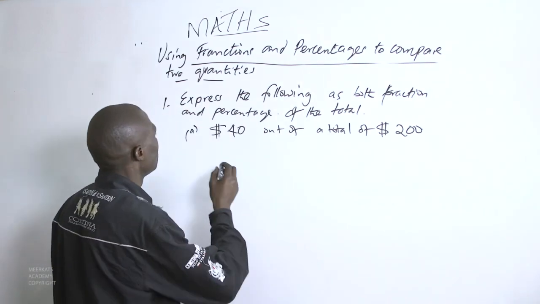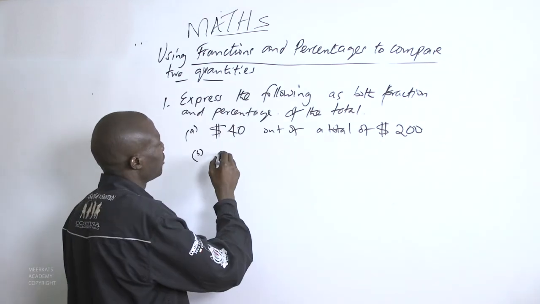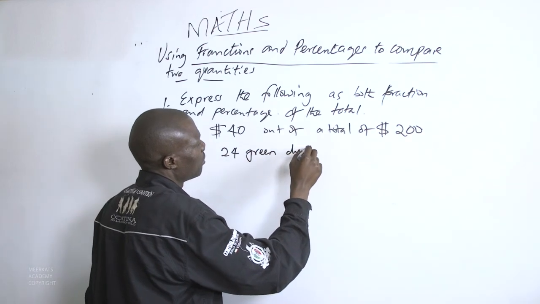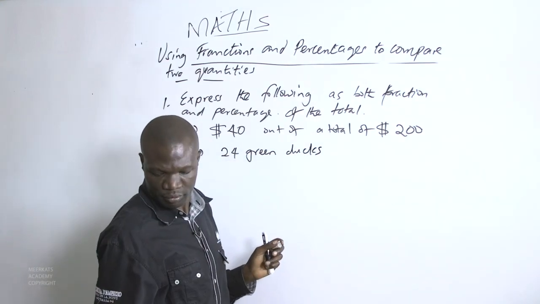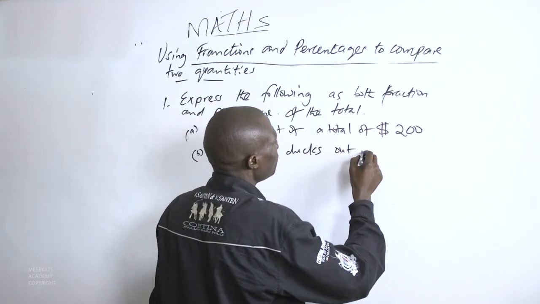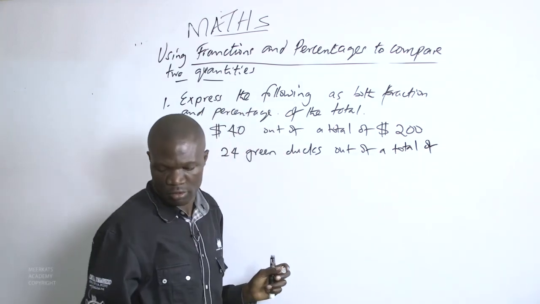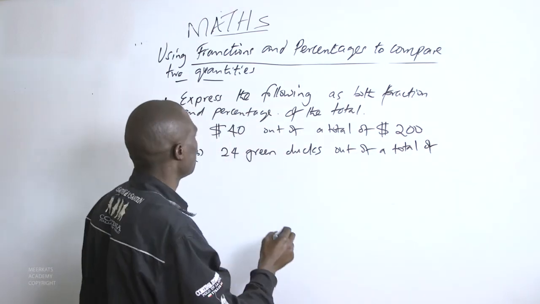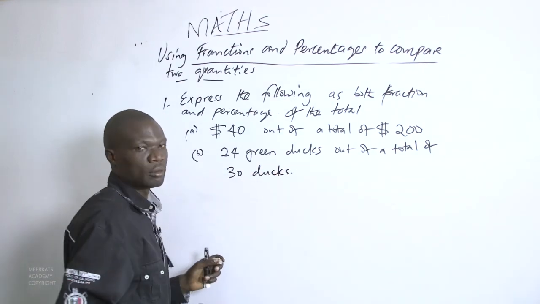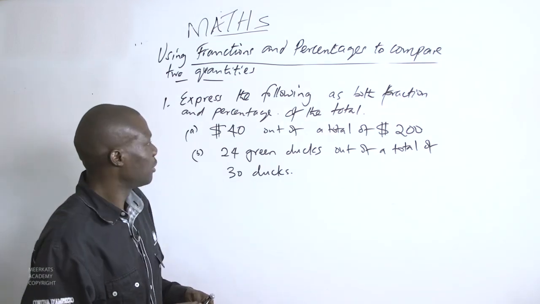And B, we have 24 green ducks out of a total of 30 ducks.